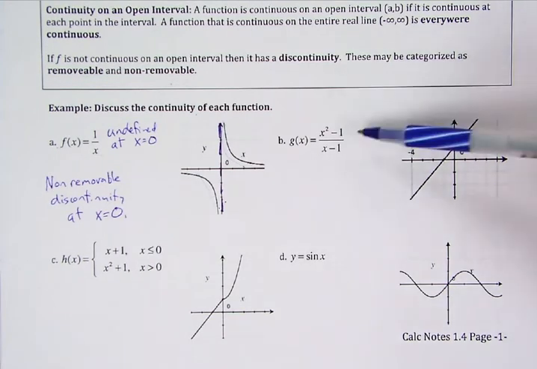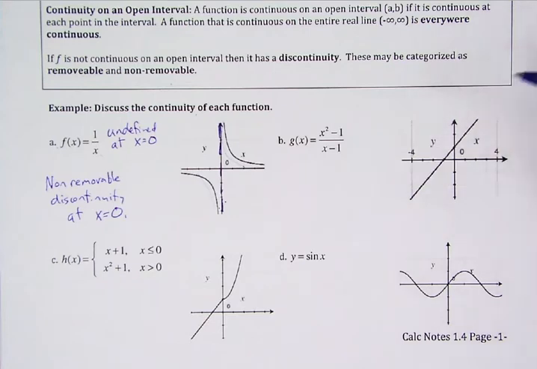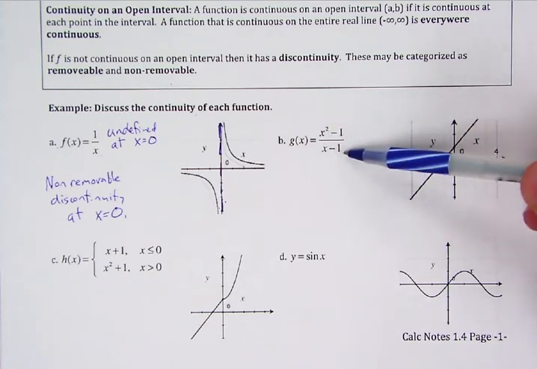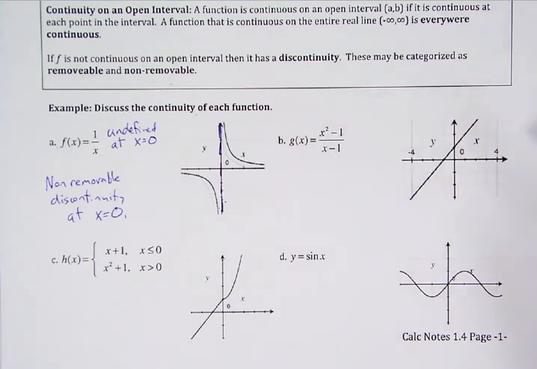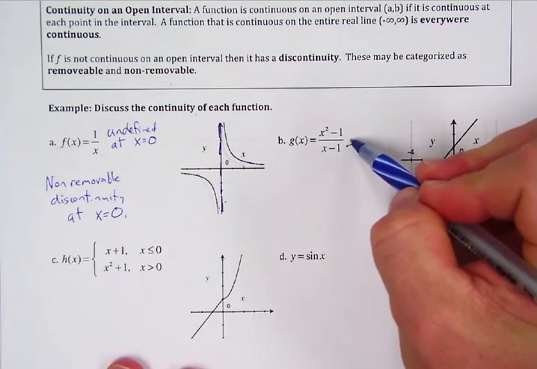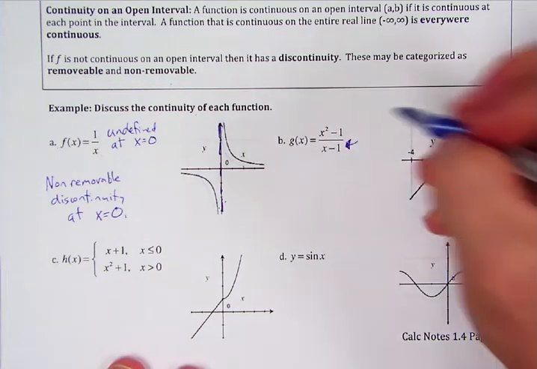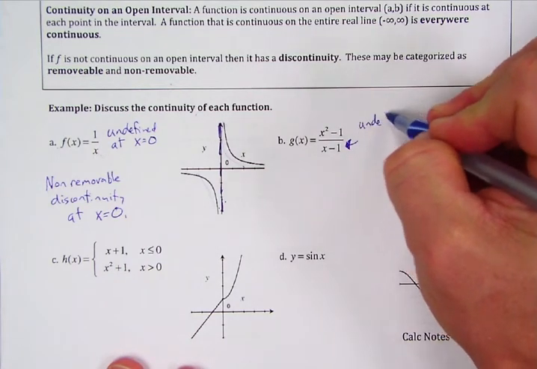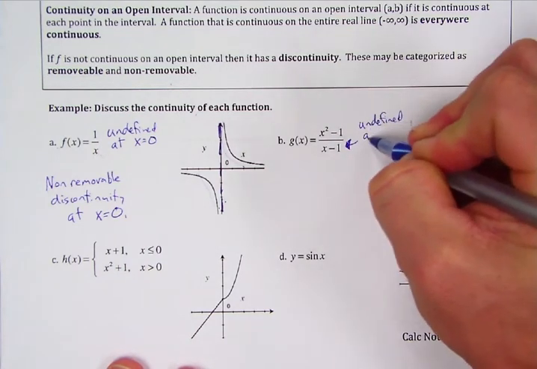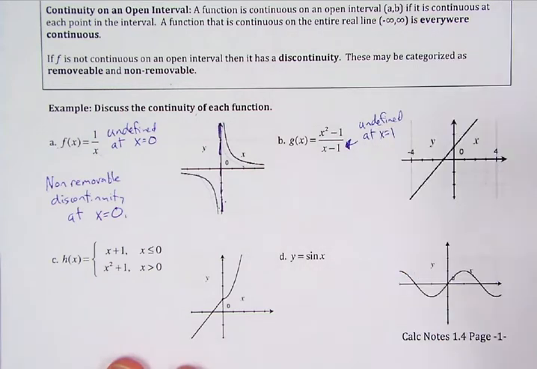All right, we'll try letter B here. Here we have x squared minus 1 over x minus 1. Now, in looking at the graph, it looks like it's a continuous straight line. But we know because of this denominator here that it's going to be undefined at x equals 1.